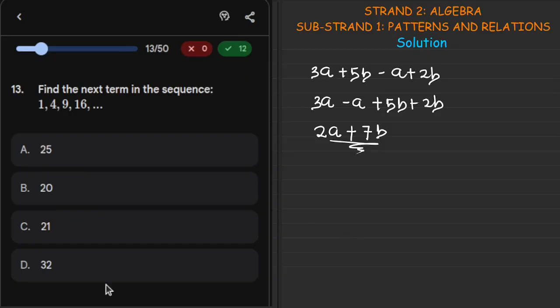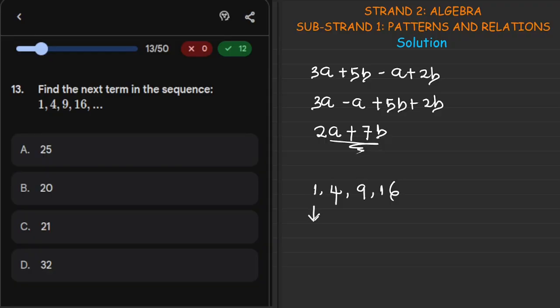Question number 13. It says we have to find the next term in the sequence. So the sequence is 1, 4, 9, and then 16. Now, if you look at this sequence and you know your multiples, you wouldn't have to solve anything because you realize that they are just perfect squares.